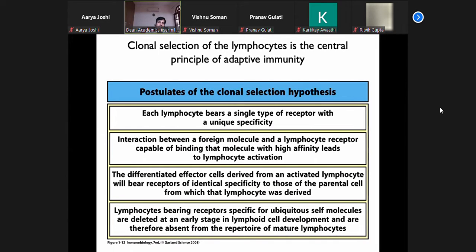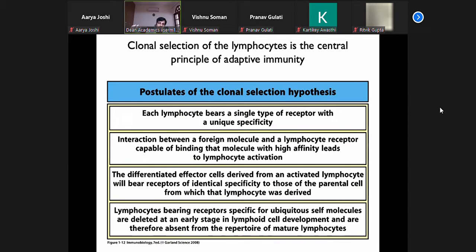See, the aim was to explain how you can generate so many different types of specificities that you can recognize each and every antigen. Is it that once you are immunized, you start developing the specificities, or you already have those preformed specificities on the surface of these cells, and then you choose one of those?